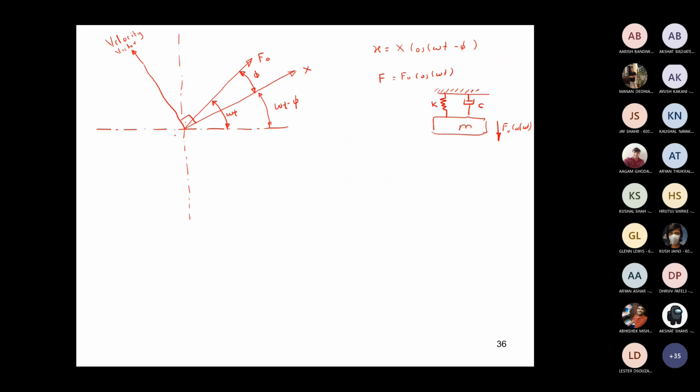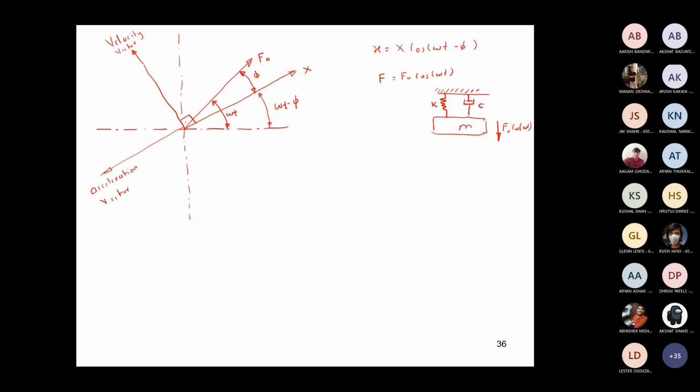Opposite to the displacement vector. So the angle between displacement and the acceleration vector is 180 degrees. Okay, so this is the acceleration.